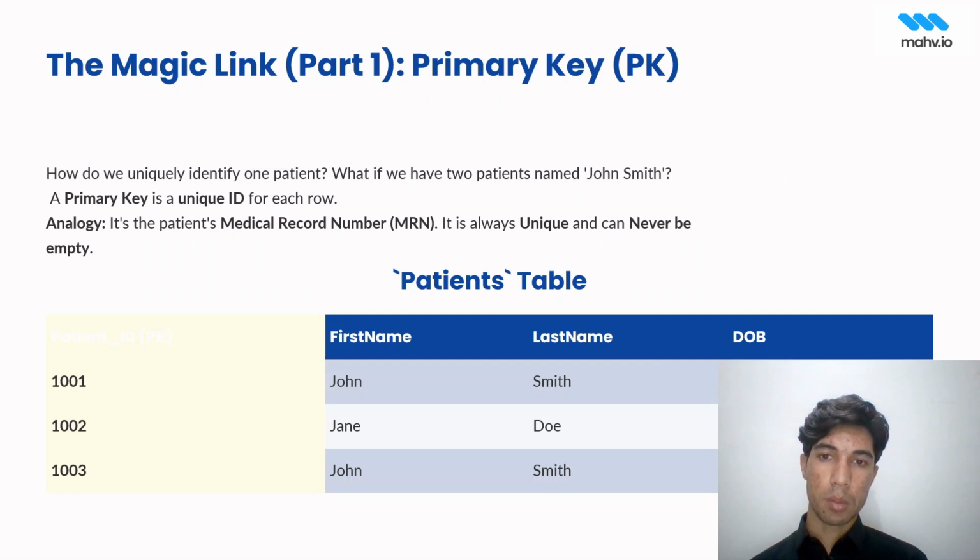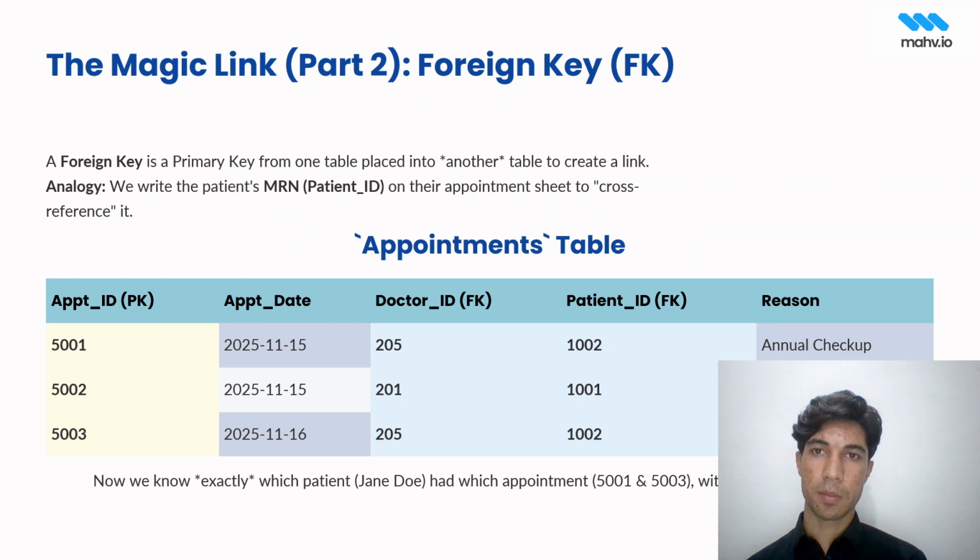For example, in the patient's table, there will be an ID called the patient ID. Two different patients can have the same first name and the same last name, but they can never have the same patient ID. Think of the primary key in the case of patients as their medical record number, which is very common in health databases. So it is always unique and can never be empty.